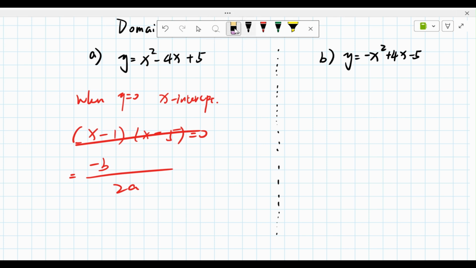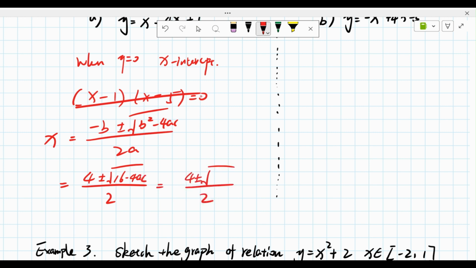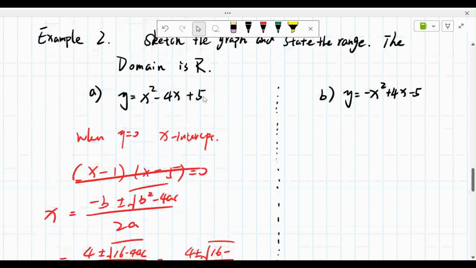That is b squared minus 4ac, and x equals 4 plus or minus the square root of 16 minus 4 times a times 5, all over 2a, which is 2.